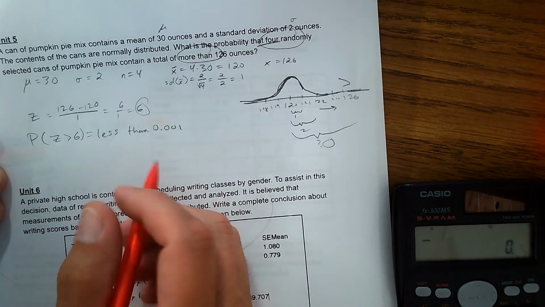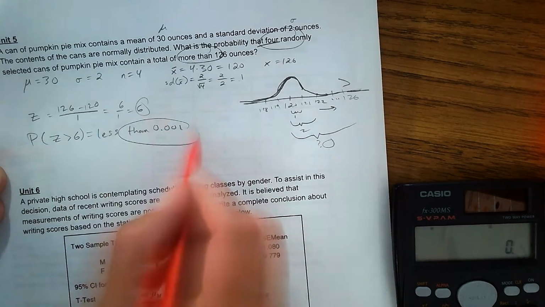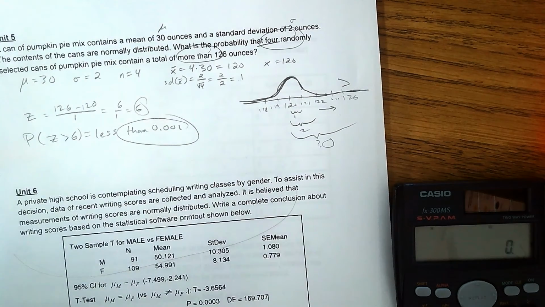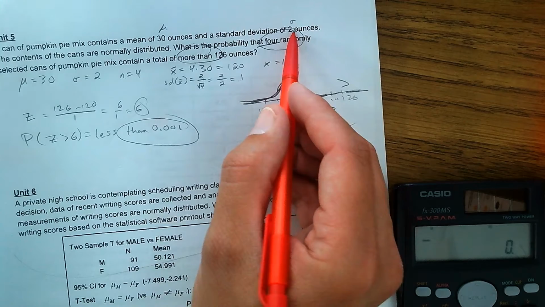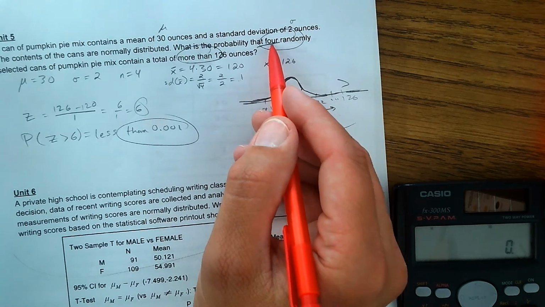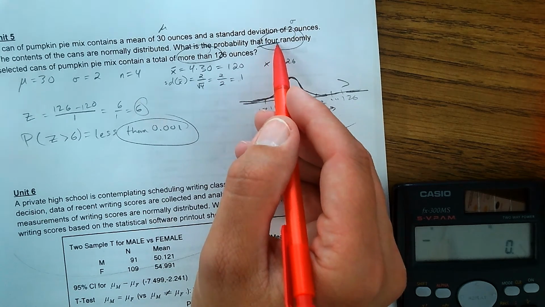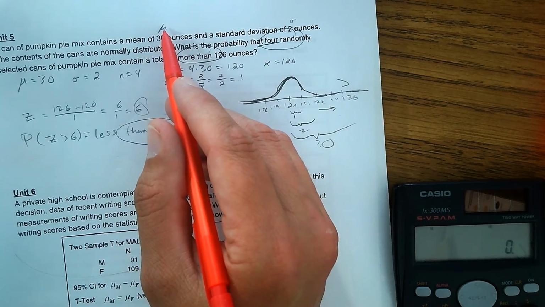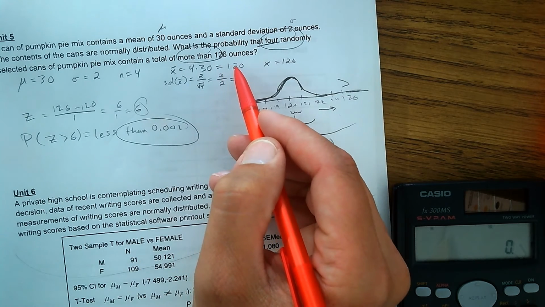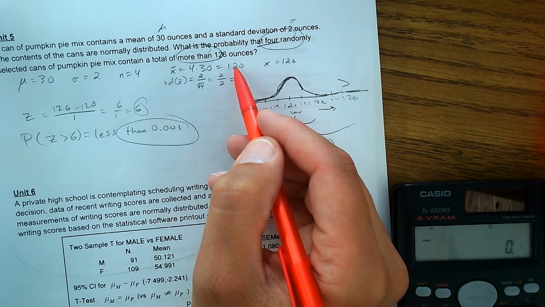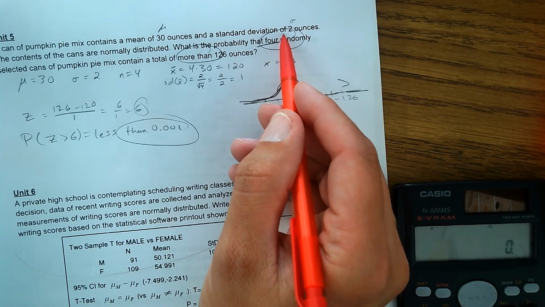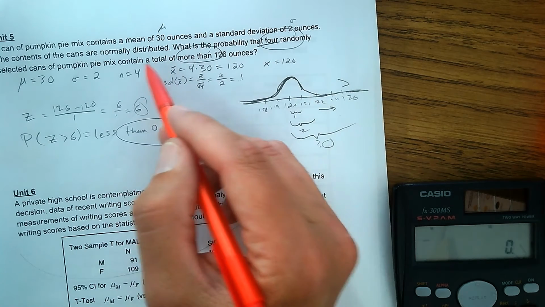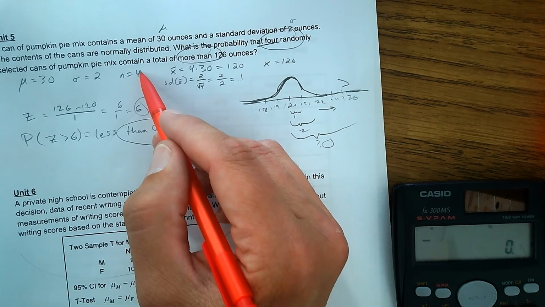So to calculate the probability, start by doing an inventory of what you have. They're going to give you an average, a standard deviation, and a sample size. Take that sample size times the average of one thing to get the average of the group. For the standard deviation of the group, you take the standard deviation of the one thing and divide it by the square root of how many are in the group, so the square root of 4.